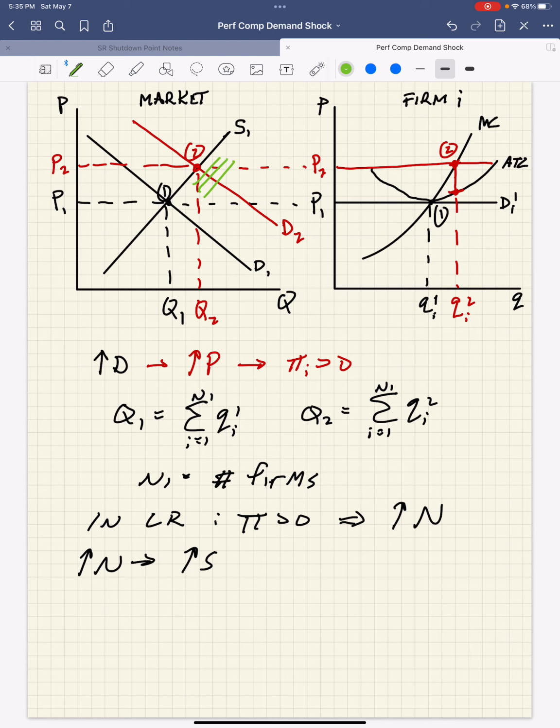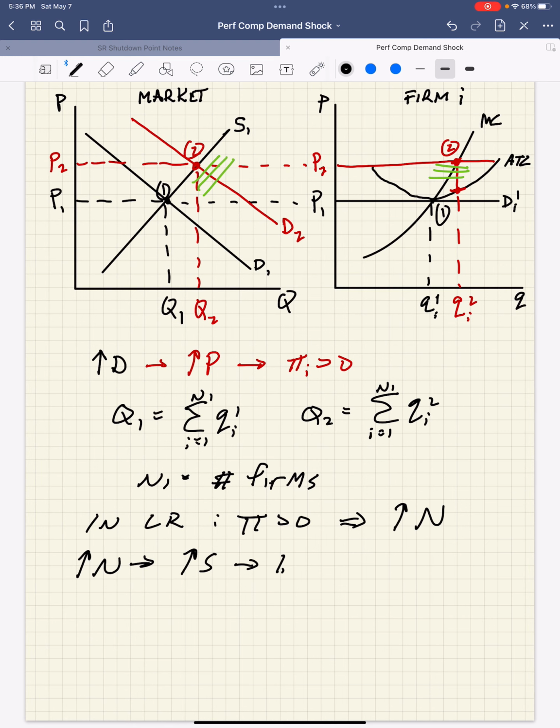That supply curve is going to start to drift off to the right, and that's going to push prices back down, and the individual firm is going to see their price line, their demand curve, that perfectly elastic marginal revenue line, start to drift back down. So increase in supply as new firms come in, that's going to push prices down, and price is going to come back towards average total cost, and profit is going to fall as well.